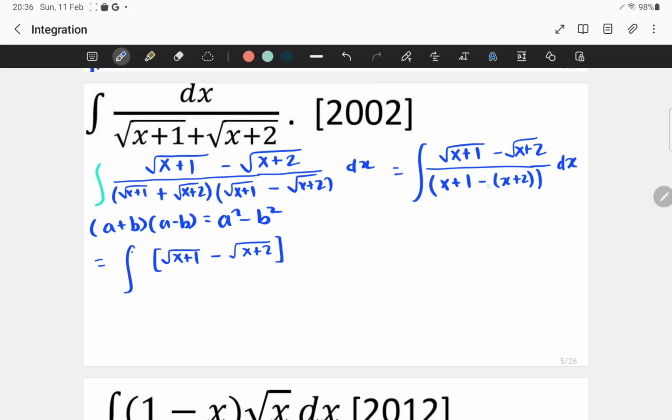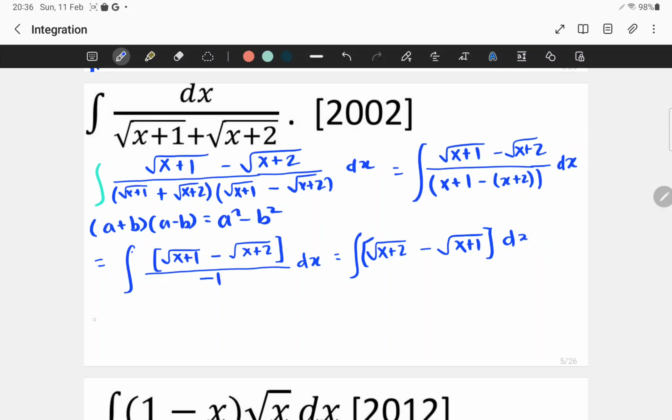I will open the bracket, so this will become minus x minus x, plus 1 minus 2, minus 1. So if I have a minus 1, I can just interchange, so minus.